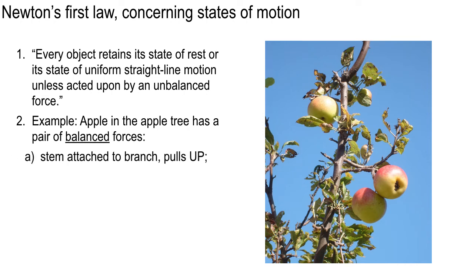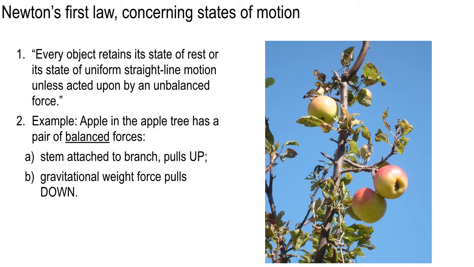The stem attached to the branch pulls the apple upward, and then the gravitational weight force pulls it downward. The stem has enough grip and toughness to hold the apple attached to the limb. There are also forces that keep the limb up. But if you just think about the apple, it has some upward force from the stem attached to the branch, and of course some downward force from gravity.